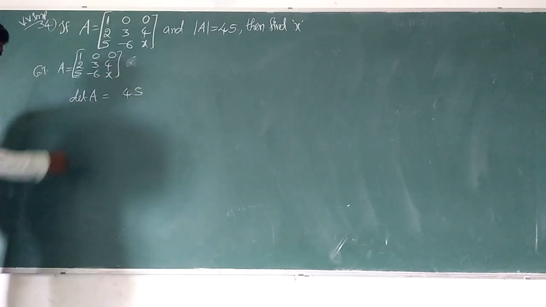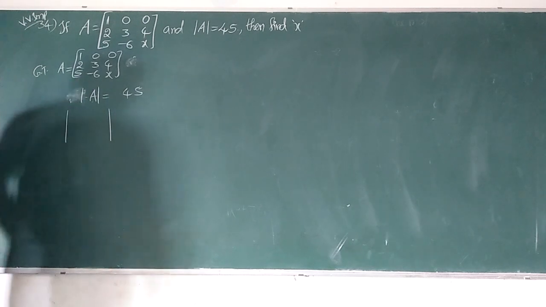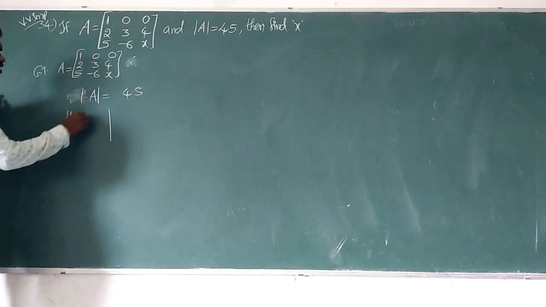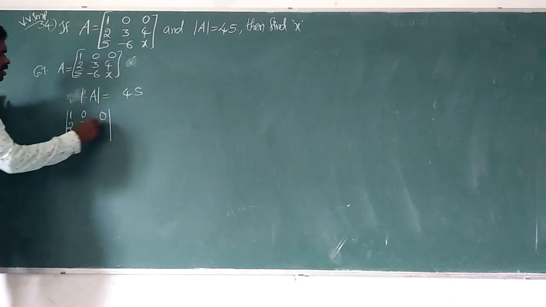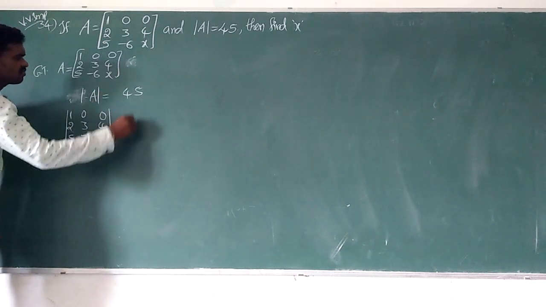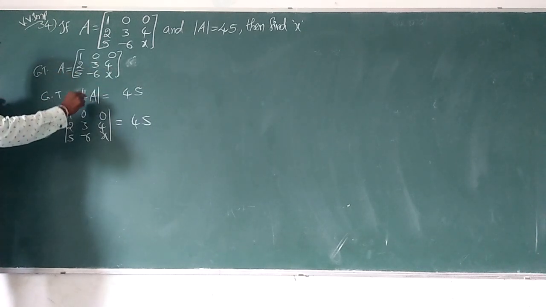Det A means what? Determinant. You can write det or determinant. Det A means the determinant of [1 0 0; 2 3 4; 5 -6 x], which is equal to 45.